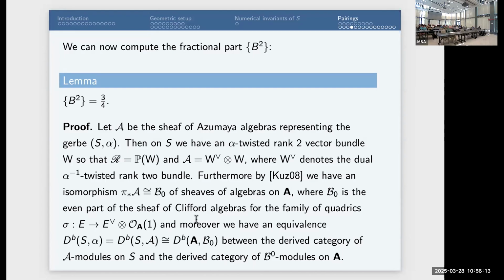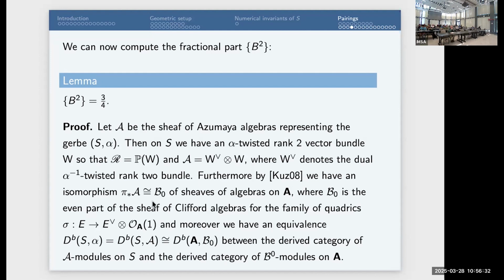So whenever we have a quadric, we have a Clifford group, we write a Clifford algebra. The Clifford algebra in this case will have rank 16. It breaks naturally into even and odd pieces. The even piece is rank 8.